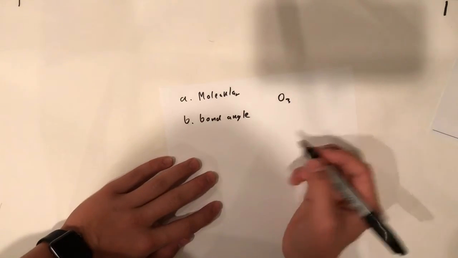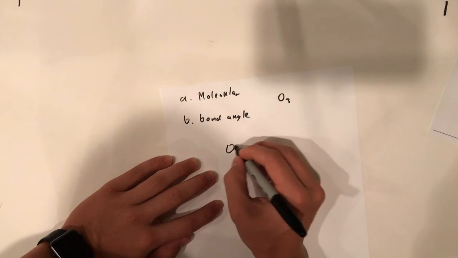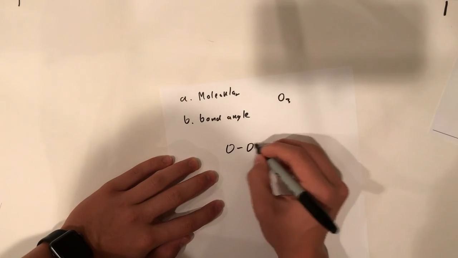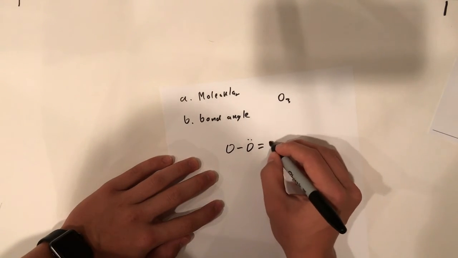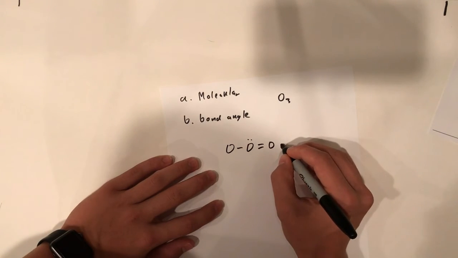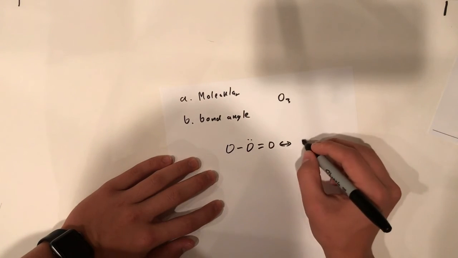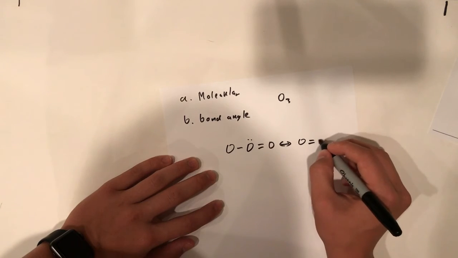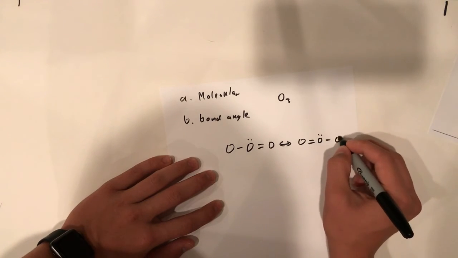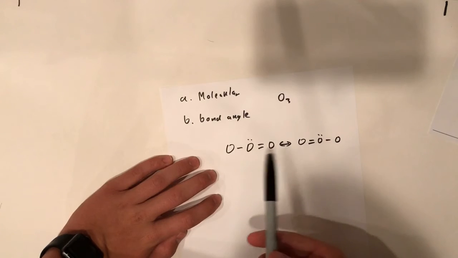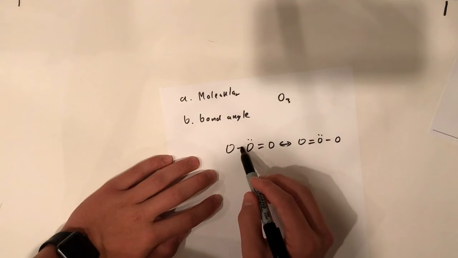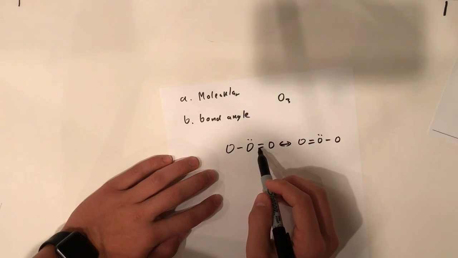So first step is always draw the Lewis structure, and with O3 it is a resonance structure, so it can also be this. So we know that it stays the same throughout with a resonance structure.